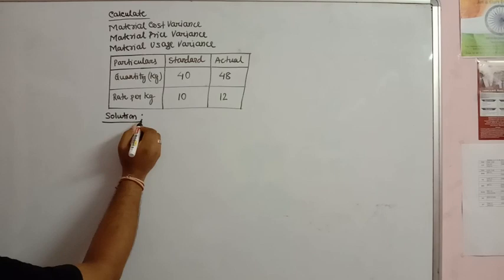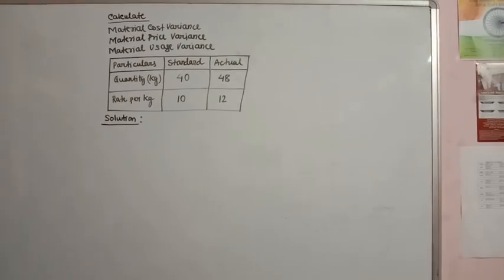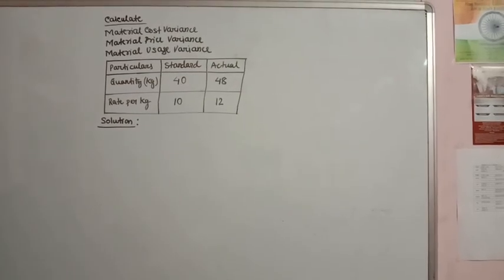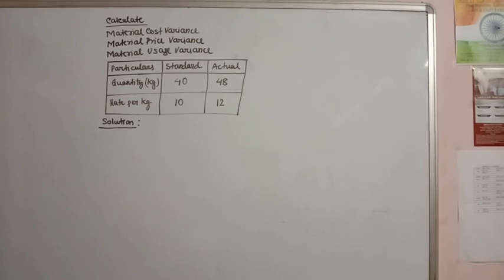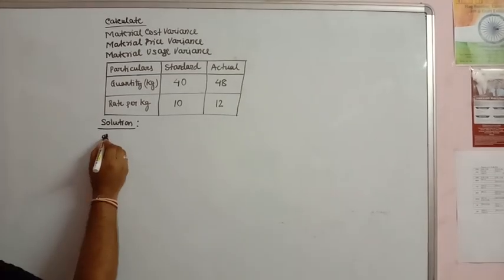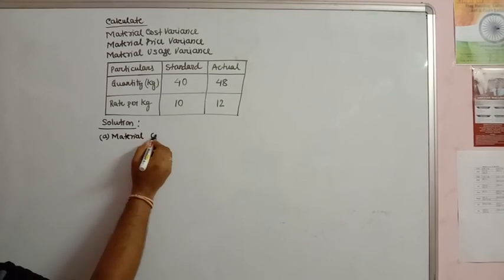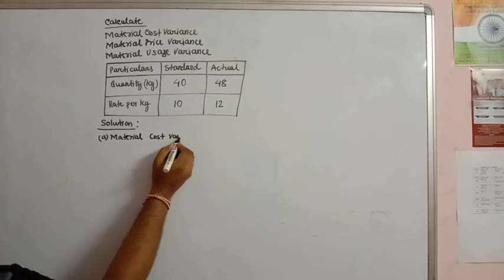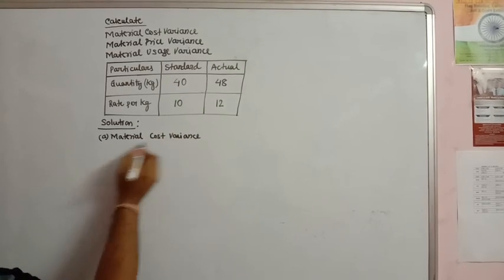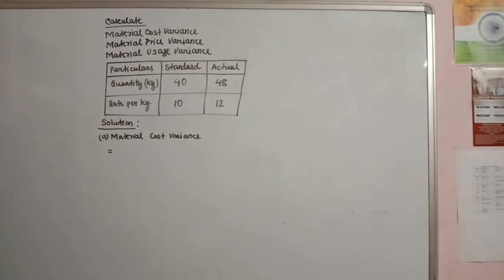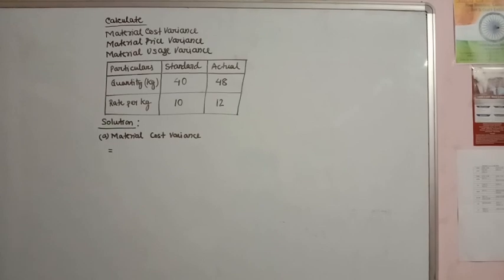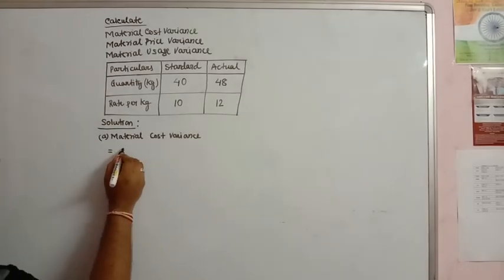While calculating variance, there are specific formulas, and using those formulas we can calculate the variance. The first is the material cost variance, which tells whether we have any variance in our material cost. The formula is standard quantity into standard rate minus actual quantity into actual rate.